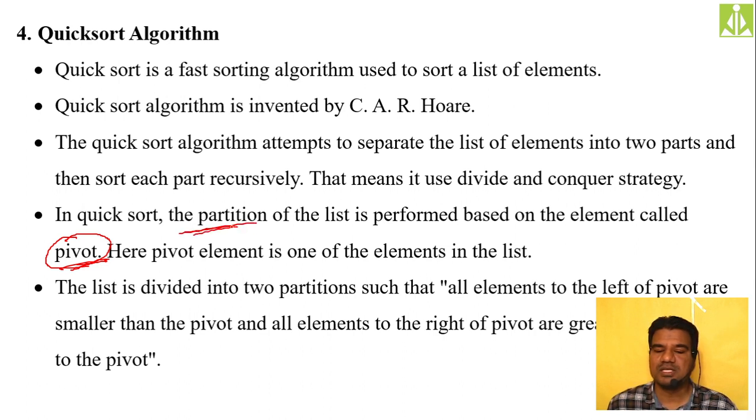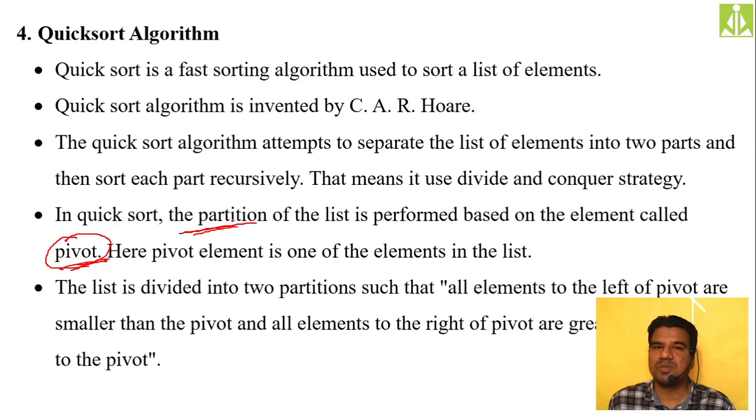Here the pivot element is one of the elements in the list. Don't think that we bring the pivot from somewhere else, or that it is a special type of element. It is not like that. Whatever elements you have in your list, from those elements only we make one element the pivot element, and based on that pivot we divide the list into two parts: a smaller list and a larger list.